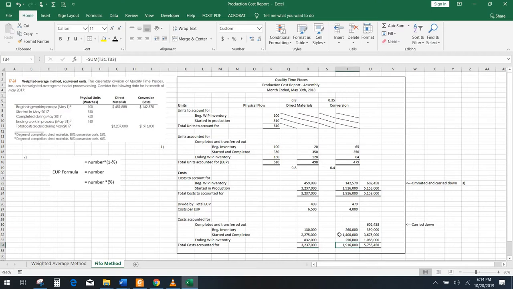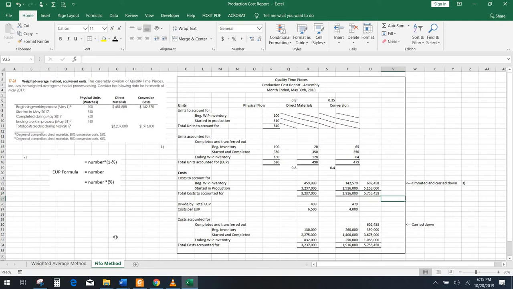So these two numbers are correct. This is correct. This number would equal this number, but I've omitted it. This number equals this number, and this number is equal to this number.